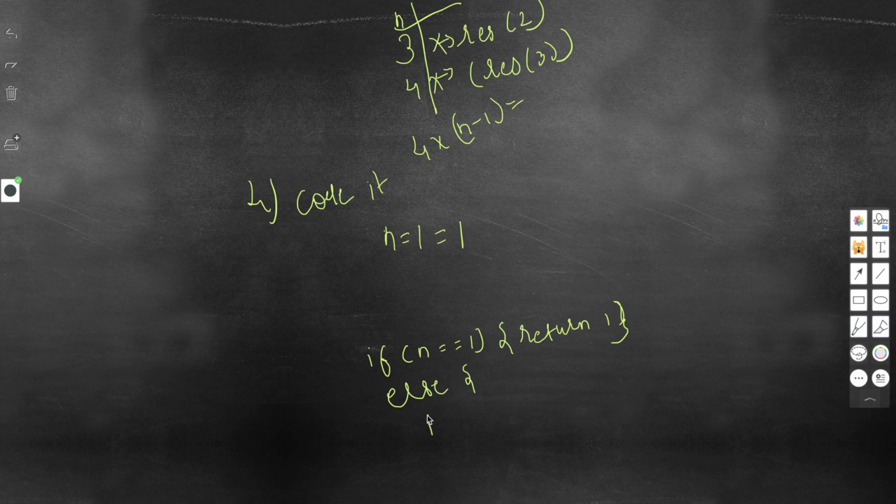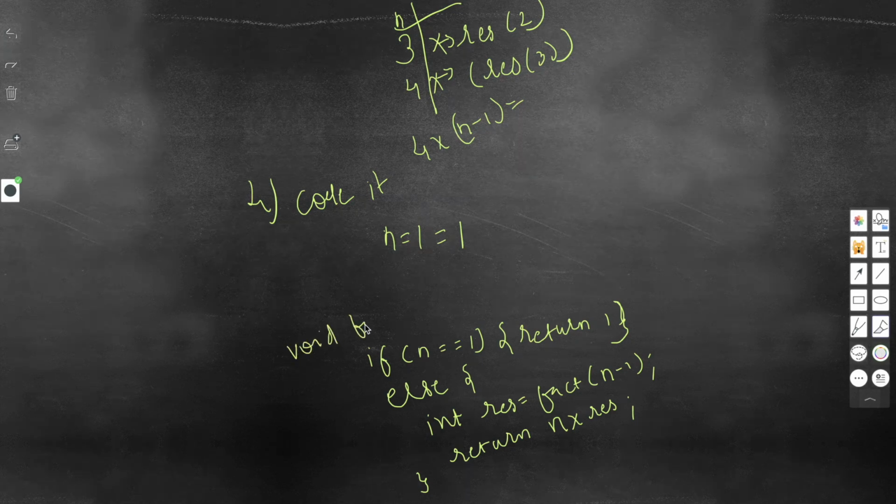Else we will tell the factorial to bring the result for n minus 1. Once I get the result for n minus 1, I will multiply myself with the result I got for the sub problem, and I will return that, correct? So this is how I will write the code.